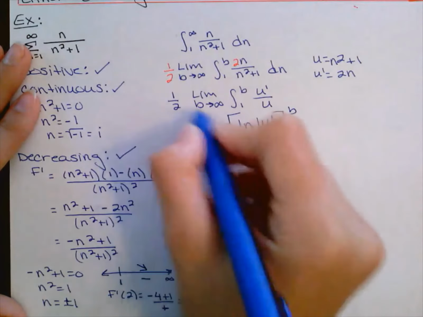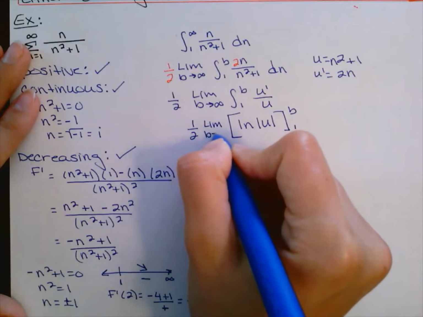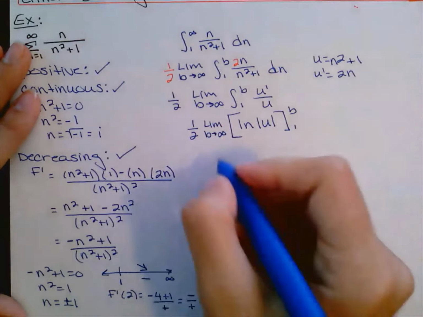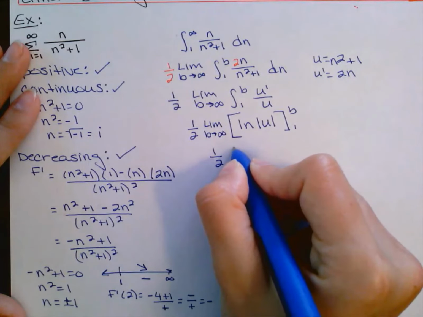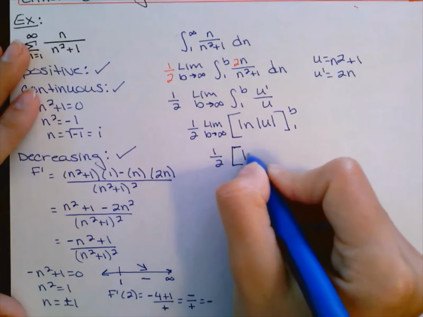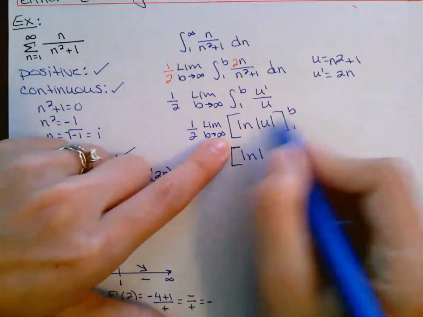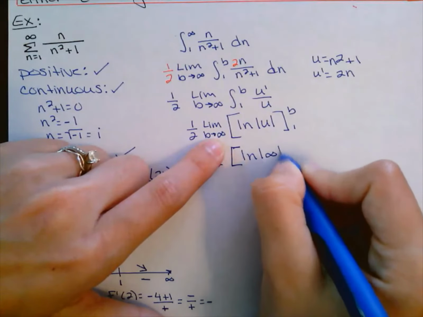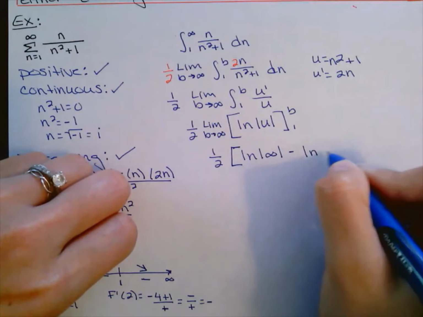I'm going to bring down this notation here, half times the limit as b approaches infinity. And I can say half times ln absolute value of, if b is infinity, I'm going to put infinity here, minus ln of 1.